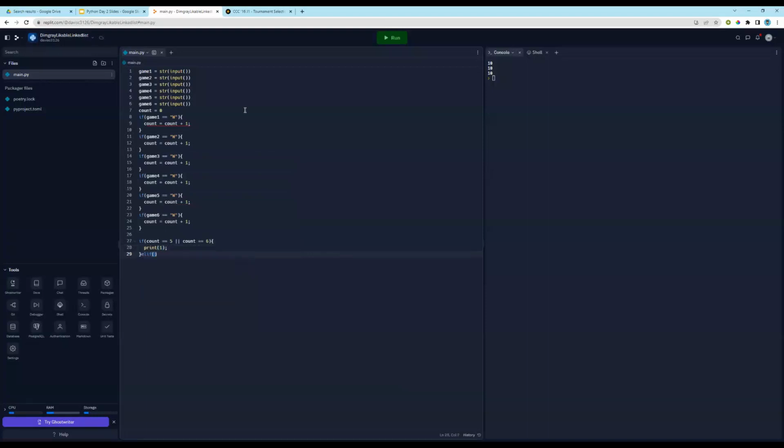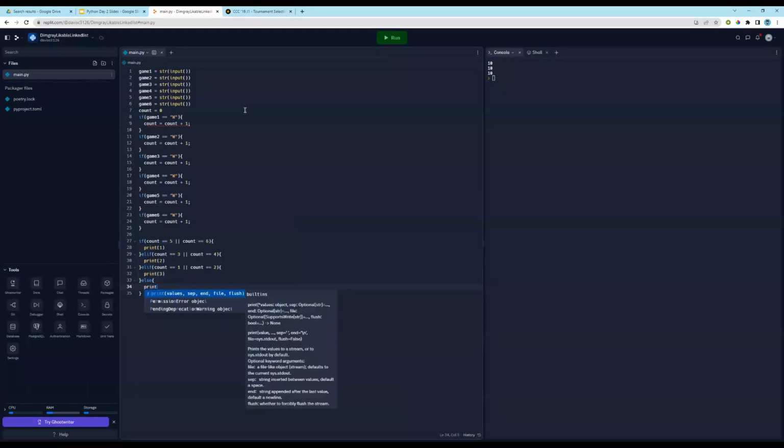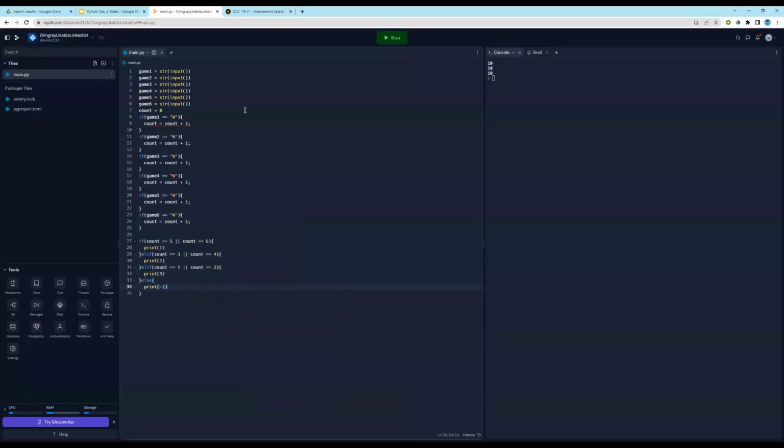Or if the count equals 3, or it equals 4, then we print 2. Sorry, no semicolon. Or if the count equals 1, or the count equals 2, we print 3. And at the end, if there's nothing, that means the person is eliminated from the challenge, so we print -1.